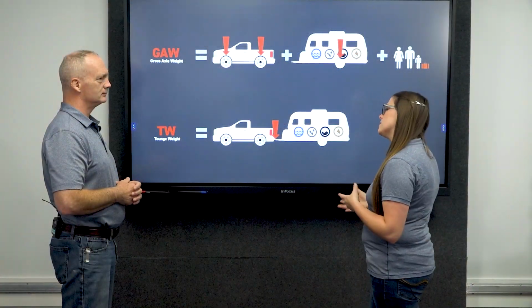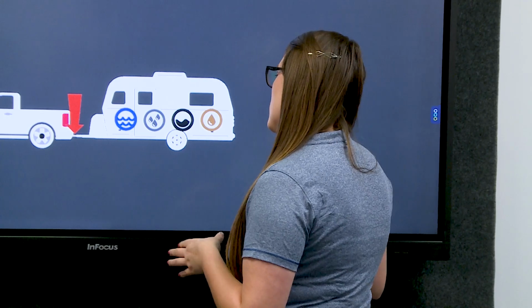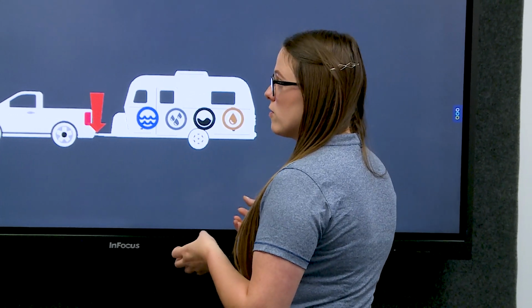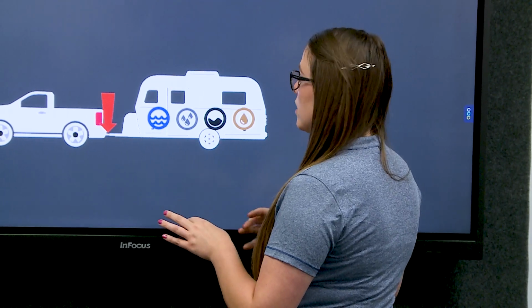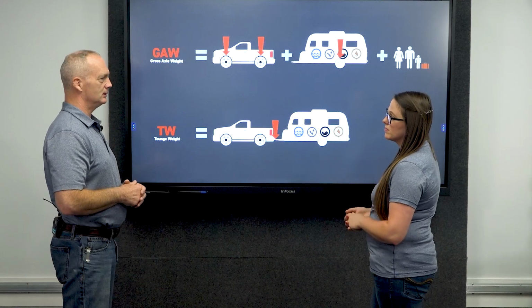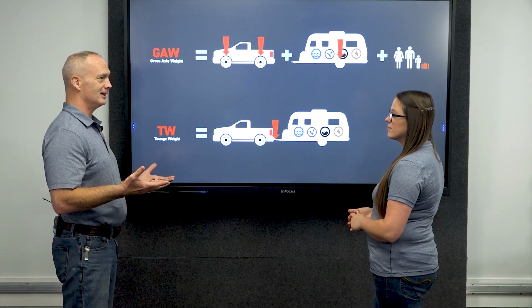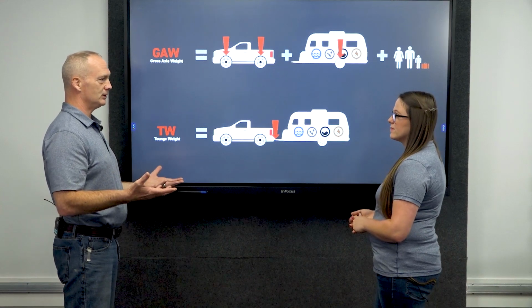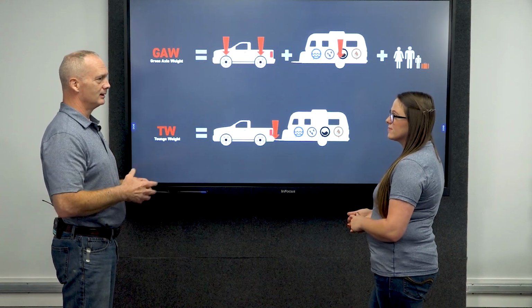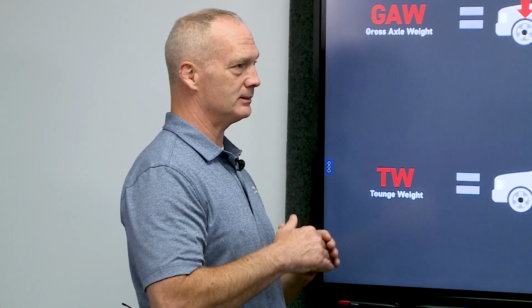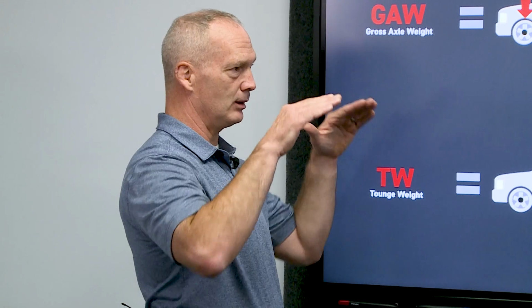So are there any concerns, or any signs of overloading that people should look out for when they are doing their annual inspection or loading up their camper? Sure. Tires, that's the big one. When you're looking at tires and they're wearing prematurely or on one side, one of the things that people don't really understand is axles have a camber and they have a curve to them.